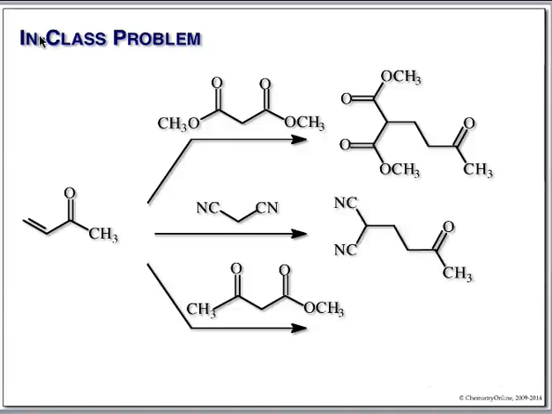And finally, this stuff. We'll learn to appreciate this. This is called methyl acetoacetate. Anion right here. Add to the beta carbon to give us this.